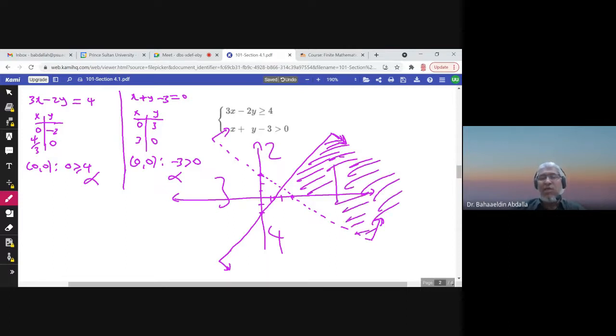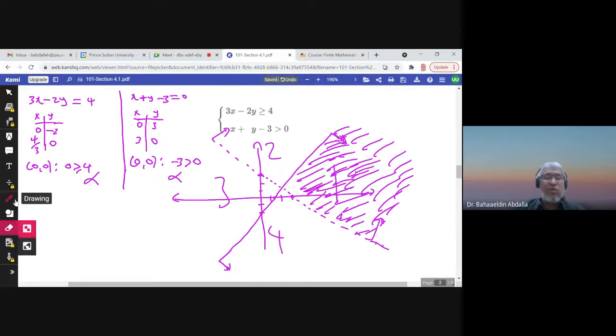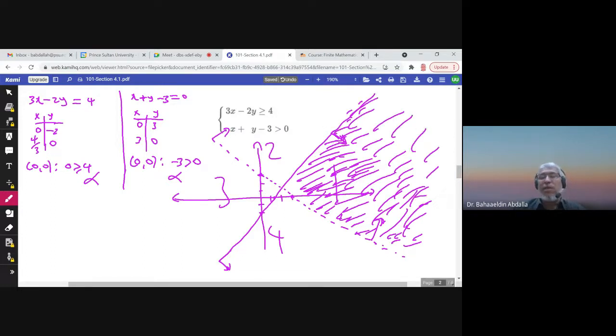This region satisfies both conditions. You can continue, of course, drawing the line everywhere because it doesn't stop. And here too, the line doesn't stop. So this is the graph of this system.